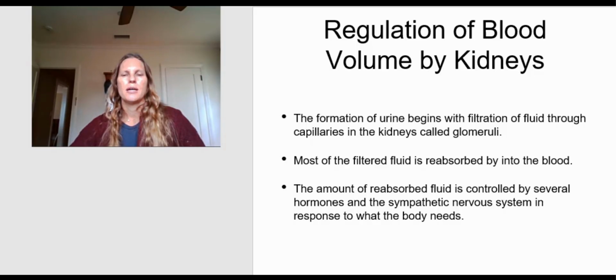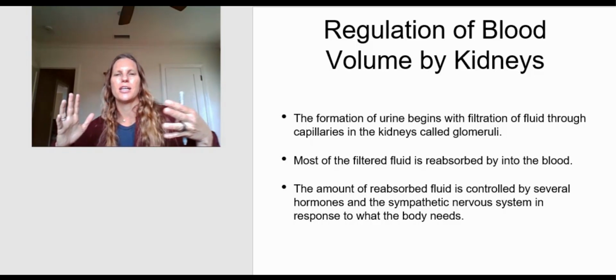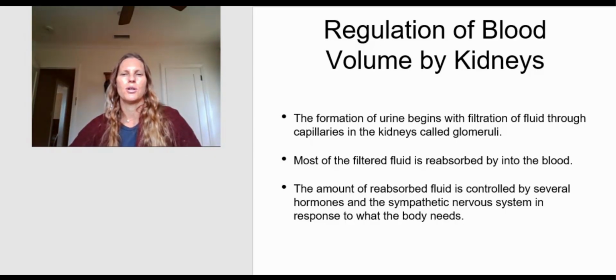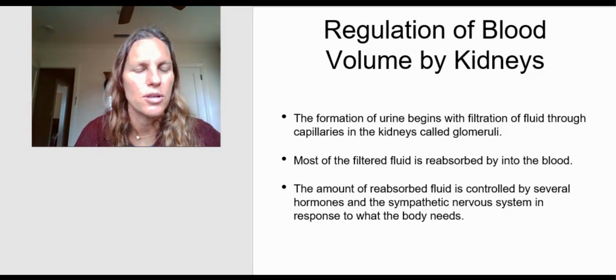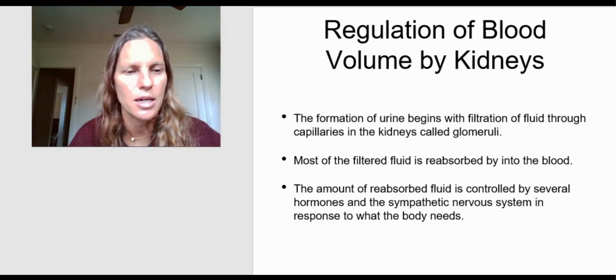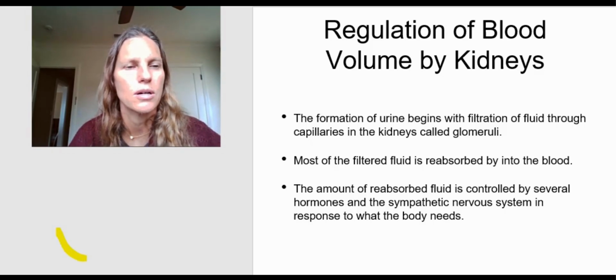The formation of urine begins when our blood gets filtered across the glomerular wall. We filter our blood across the glomerulus, which is a capillary. It's kind of an elaborate capillary, but it's still a capillary. And we filter it into the nephron. You probably remember this from anatomy. This is nearly impossible to draw.